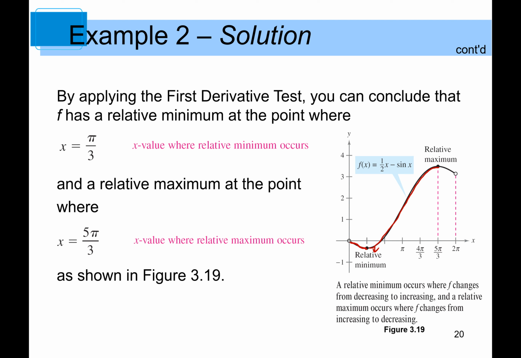A relative minimum occurs at pi over 3, right? And from increasing to decreasing, right here, now we have a relative maximum that occurs at x equals 5 pi over 3. So actually the graph confirms what we discovered.